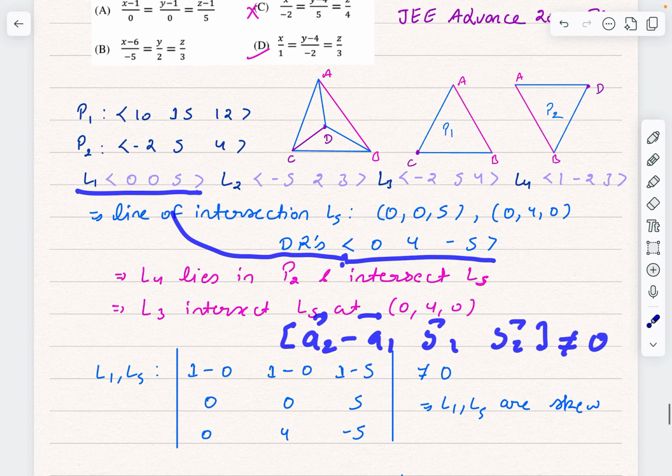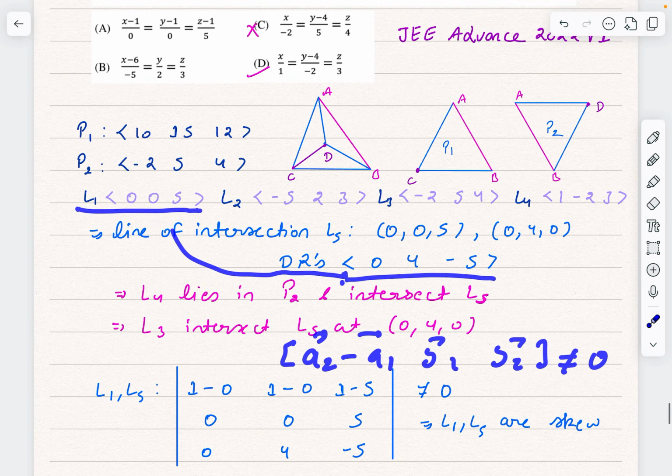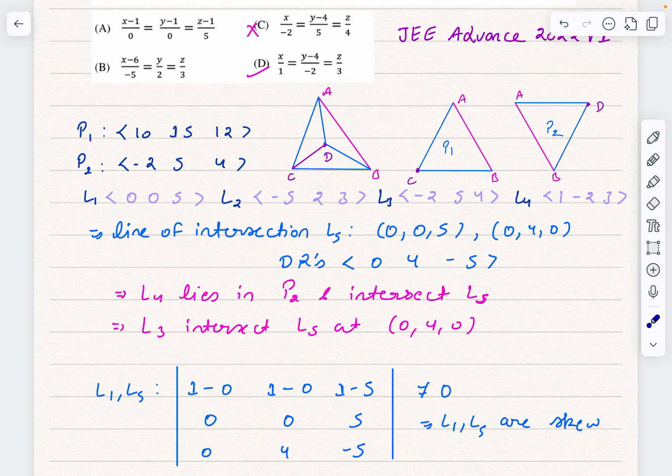A2 minus A1 is basically the difference of the passing points. L1's passing point is (1, 1, 1), the other passing point is (0, 0, 5). So 1 minus 0, 1 minus 0, 1 minus 5. Then B1, B2 are just the DRs. When you find this determinant, the box is basically the determinant only. It will be non-zero. So L1 and L5 are skew lines. So L1 can also be an edge of the tetrahedron.